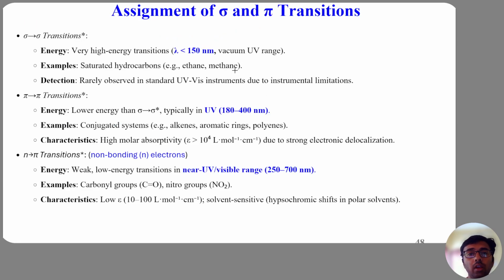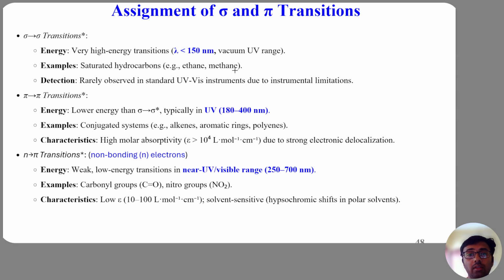Now we must learn to identify the quantum transitions observed in UV visible spectroscopy. There are three major categories. First is sigma to sigma star transitions. These involve electrons in single covalent bonds. These electrons are tightly bound and require extremely high energy for excitation.